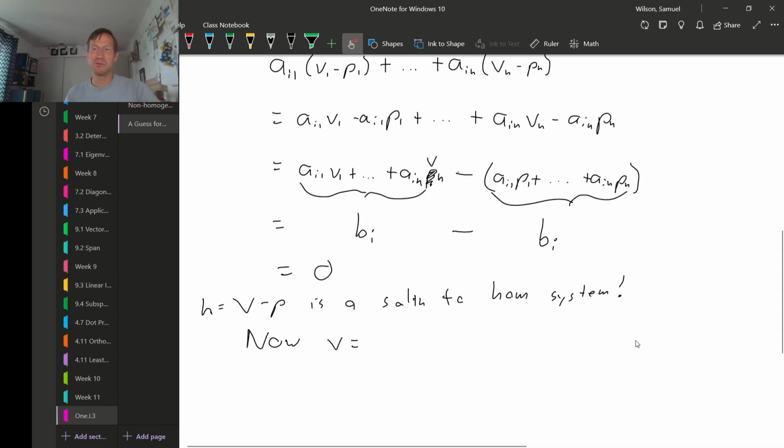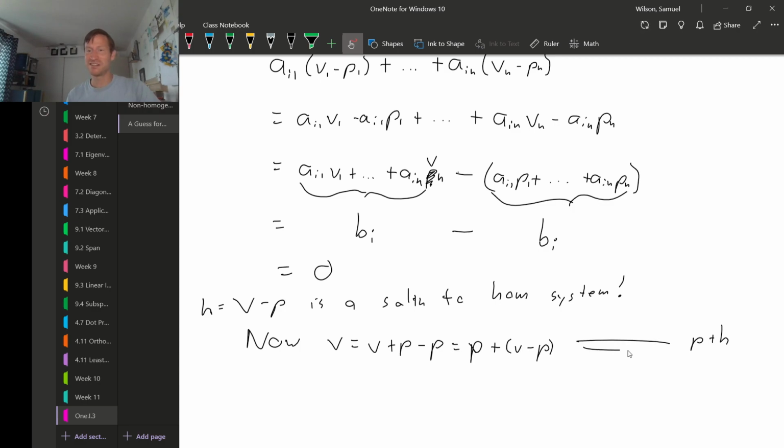Right, what we want to end up with is v is equal to p plus h. Okay, so v is equal to v plus p minus p, right? That's obvious. I'm just sort of uncanceling a p. But then we can rearrange this, write it as p plus v minus p, and that's p plus h.